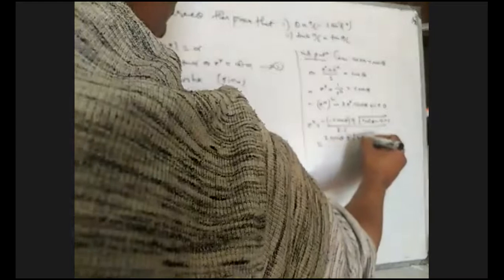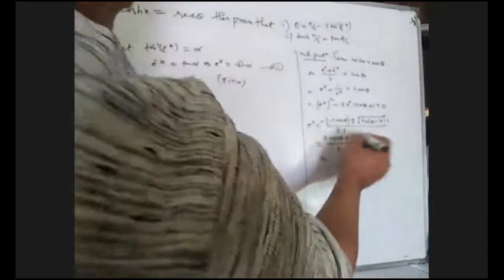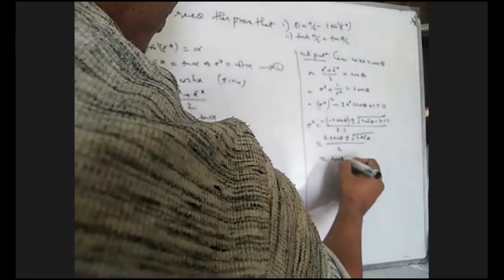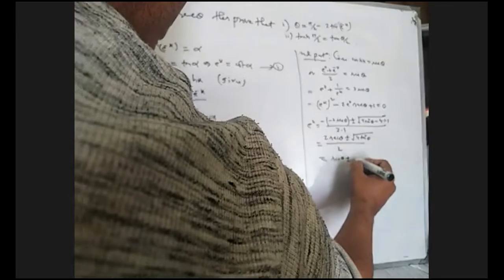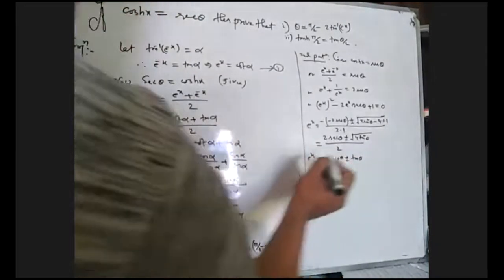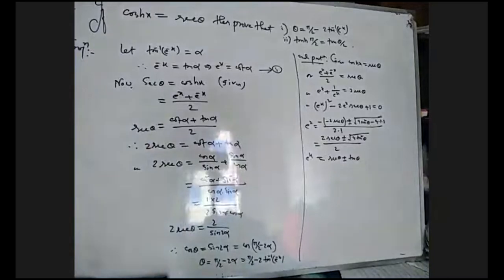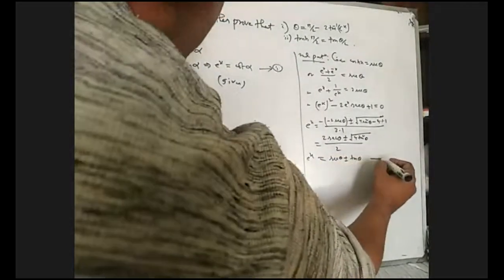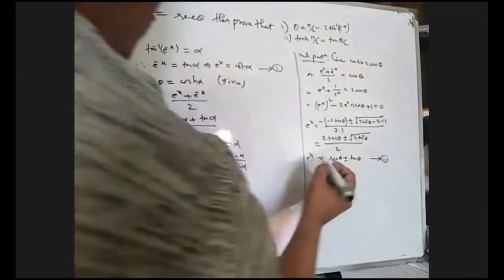So 4 tan squared theta divided by 2. From this we get sec theta plus or minus tan theta. e to the power x equals sec theta plus or minus tan theta. This is equation 2.